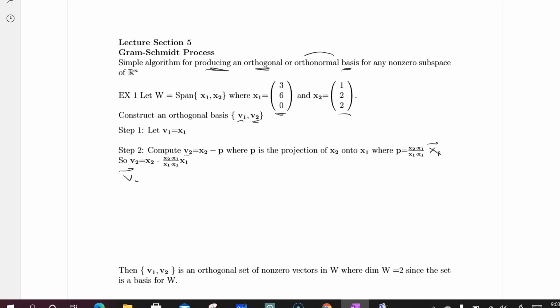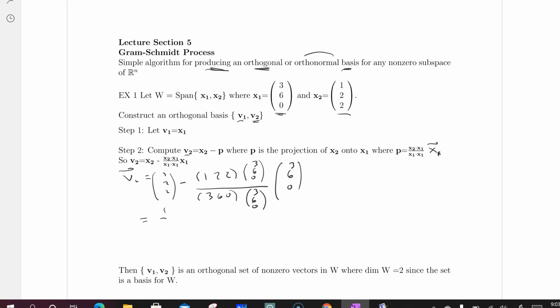So v2 is the vector x2, 1, 2, 2. Subtract off, so I'm going to be dotting x2 with x1. So 1, 2, 2 dotted with 3, 6, 0, all over dotting x1 with itself, so 3, 6, 0, and then multiply that times the vector x1.